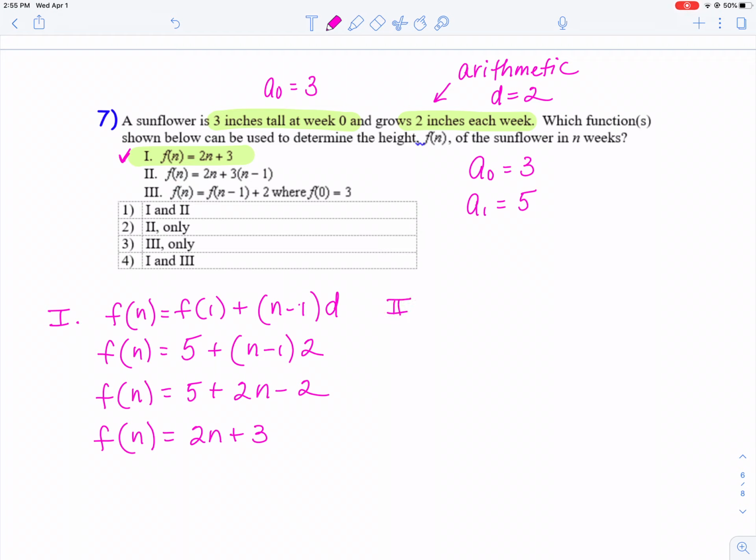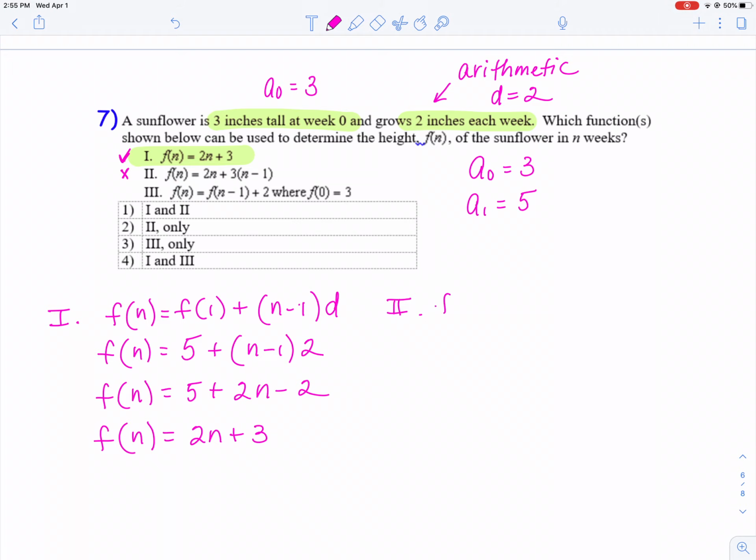Okay, let's look at 2. Does 2 work? It's funny, you have 2n, but 3 times n minus 1, choice 2 doesn't make any sense. You shouldn't have a 2n plus another 3n minus 3. So I'm saying choice 2 would never simplify to what we need it to be.